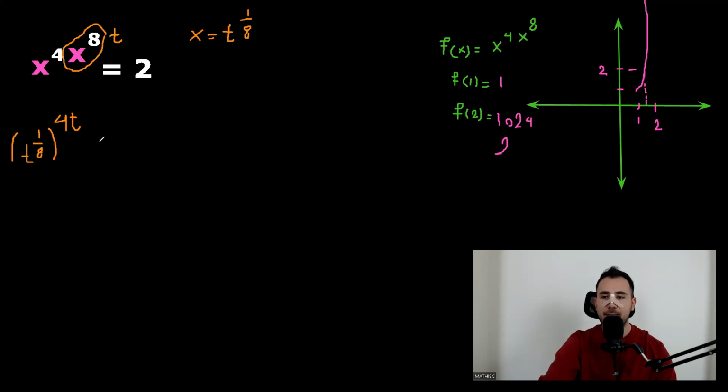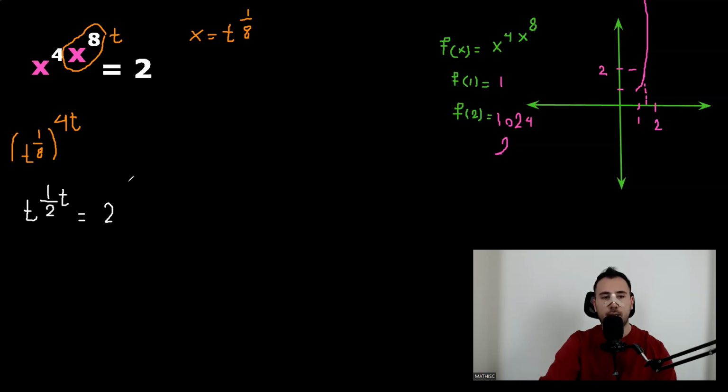Okay, and now we know how to simplify this, right? All we have to do is multiply these two numbers. This is going to be 1 over 2t. Okay, this equals 2.